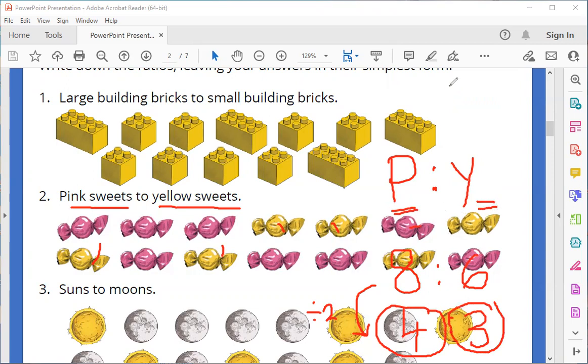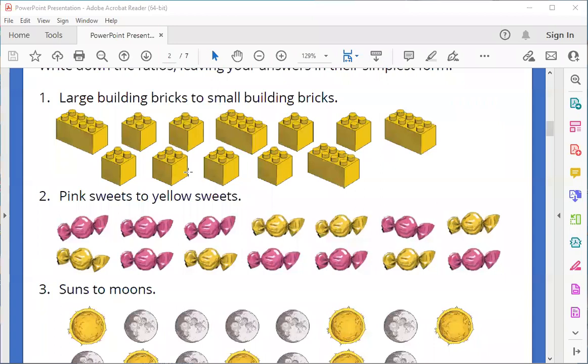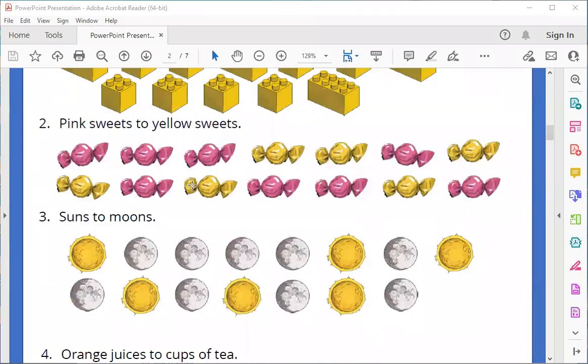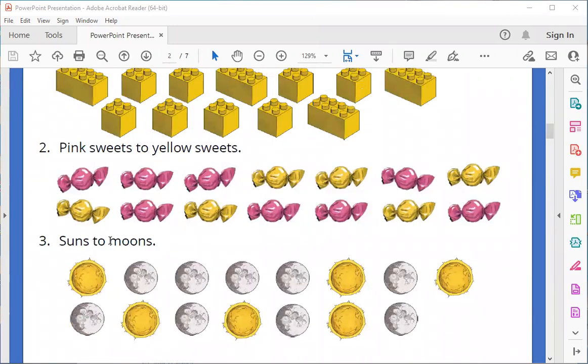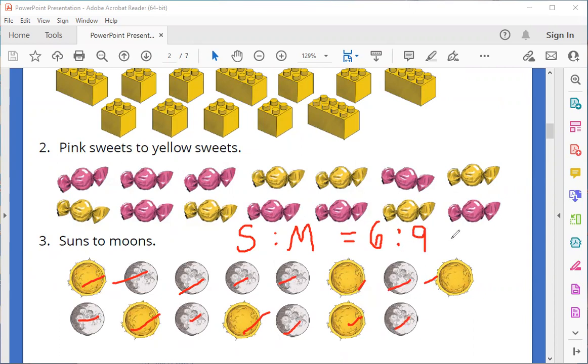All right, let's do one more example to strengthen your understanding. What is the ratio of suns to moons? So suns to moons. How many suns are there? 1, 2, 3, 4, 5, 6. So there are 6 suns and 1, 2, 3, 4, 5, 6, 7, 8, 9 moons.